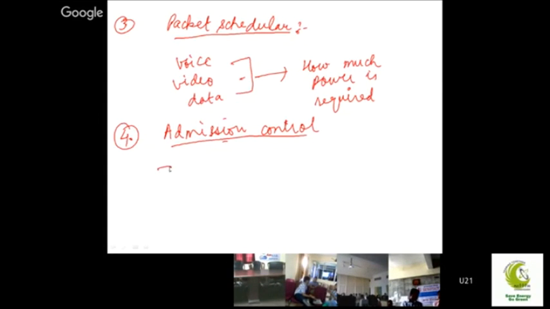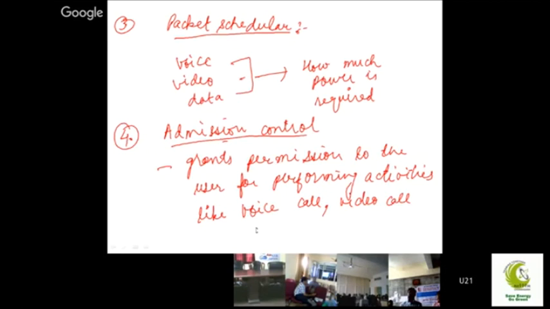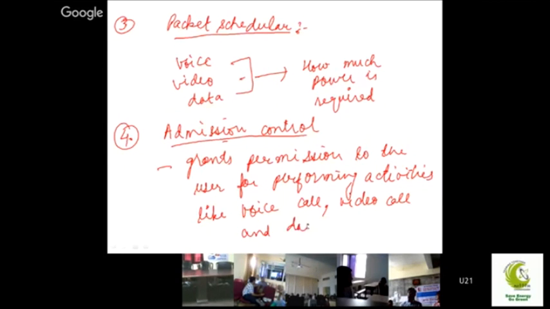So the main function is that it grants permission to the user for performing activities like voice call, video call, and data.